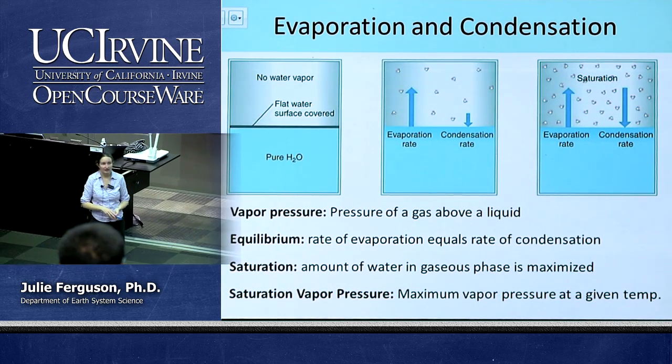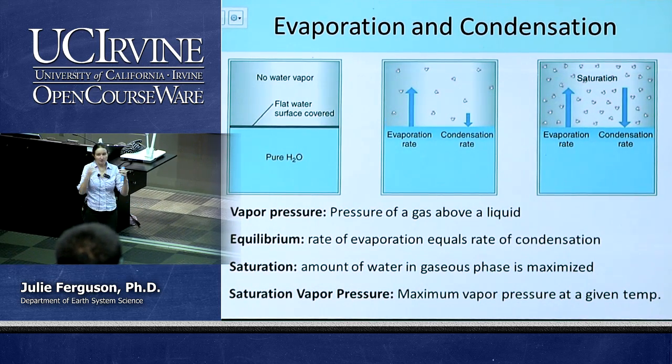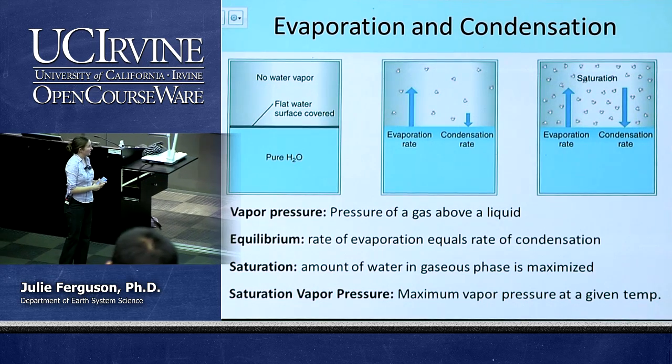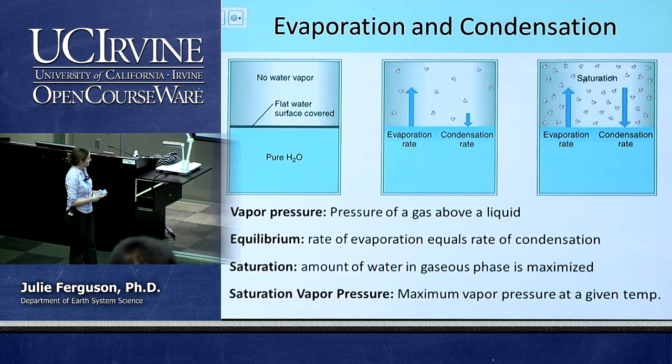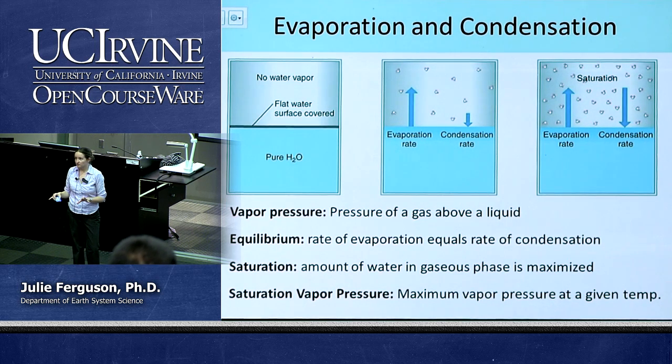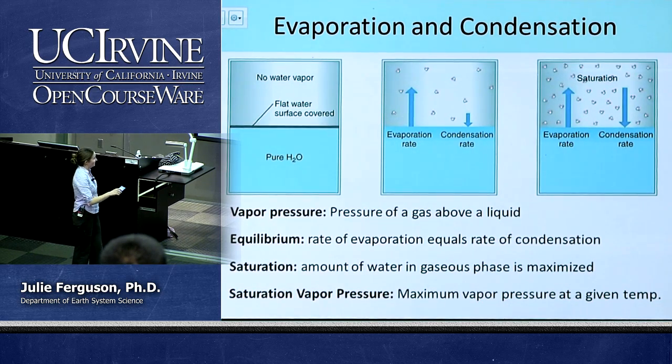And we're going to talk about that later today. So that's the vapor pressure exerted by the molecules when we're saturated, when there's the maximum number of molecules in that airspace. Okay? So is that okay with everyone? I don't want to move on until that makes sense. Yeah? Everyone's completely still. Okay.